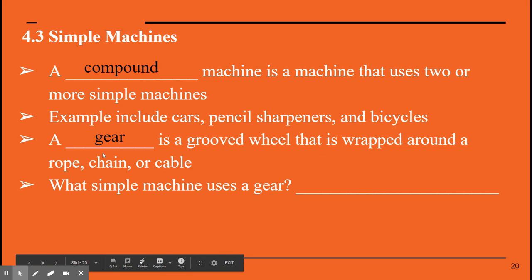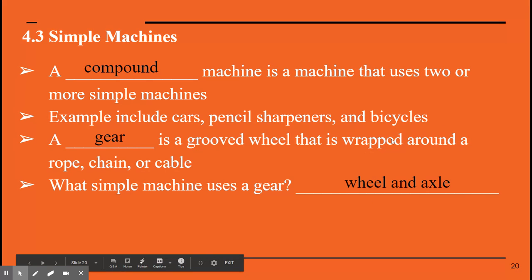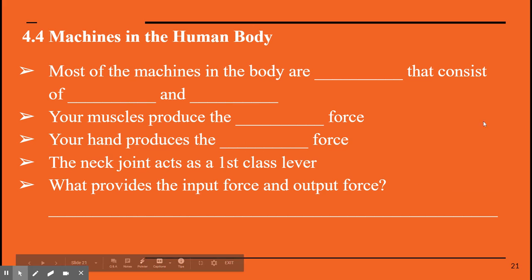What kind of simple machine uses a gear? Wheel and axle. Wheel and axles have plenty of gears in them. If you have a lot of gears, you generally get a lot of friction with that. That's why it's important to keep gears lubricated so there's less friction that is applied to it.